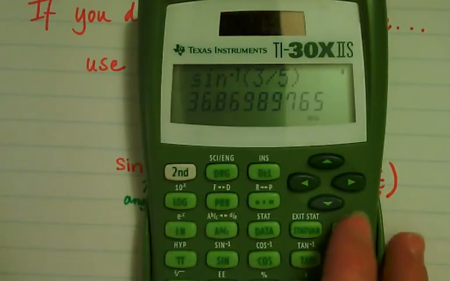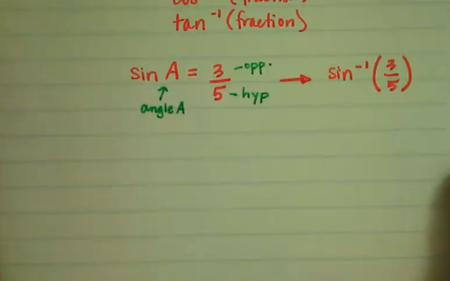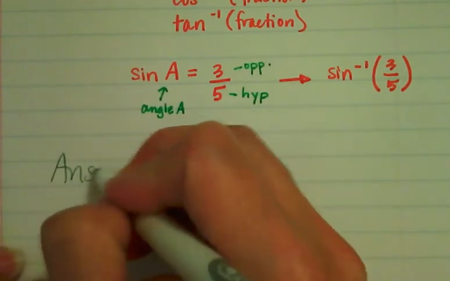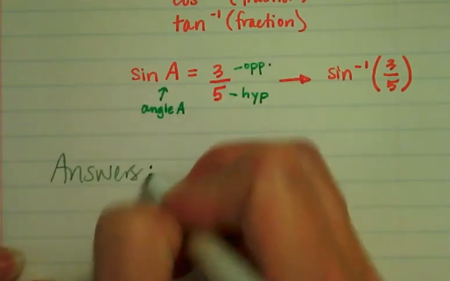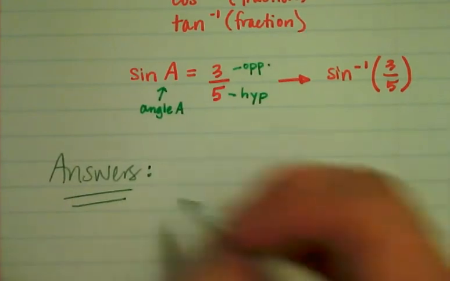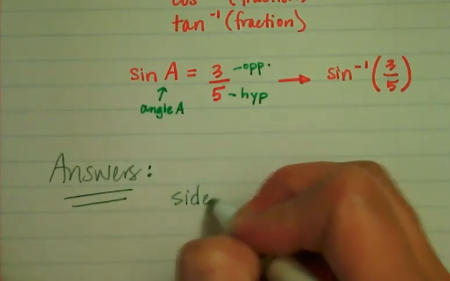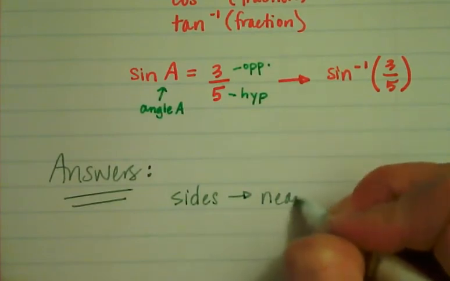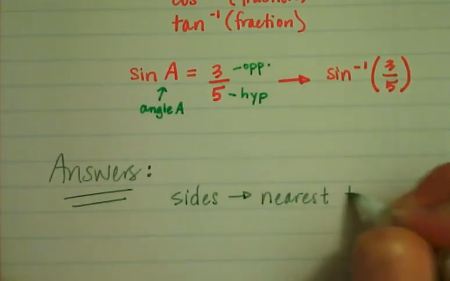All right, so here are our rounding rules. When we do these problems, for your answers, if you are finding the side of a triangle, I want you to round to the nearest tenth.